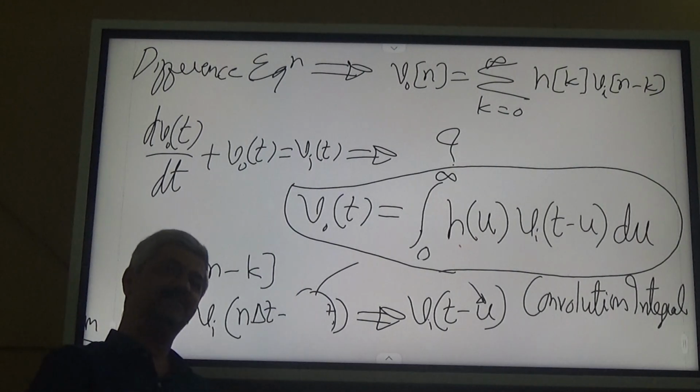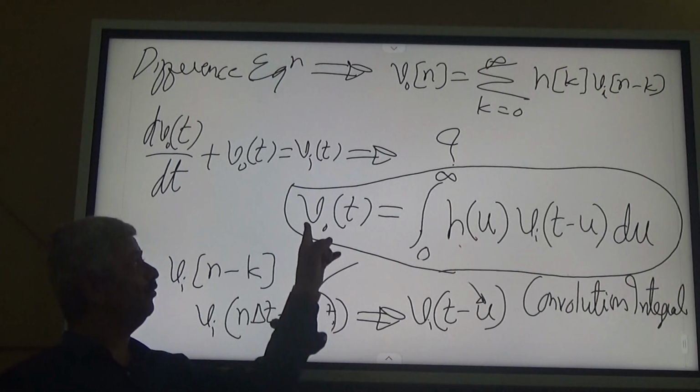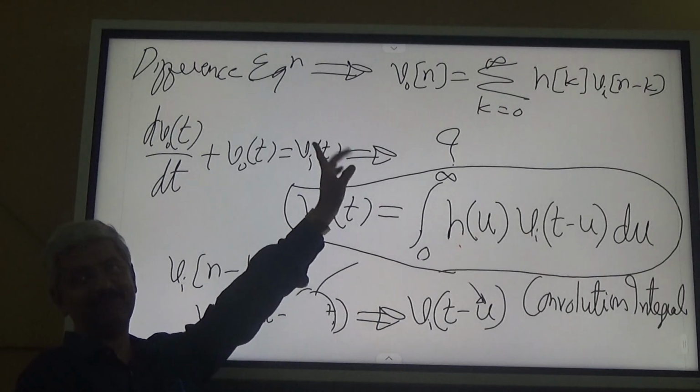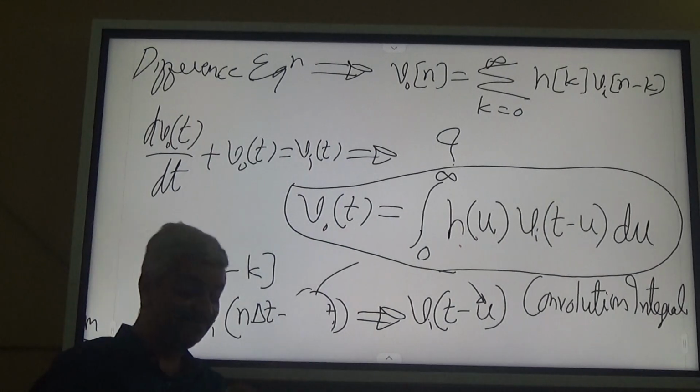Convolution sum gets converted into convolution integral. So what is HU? HU is the contribution of the input which occurred U time ago in current output.